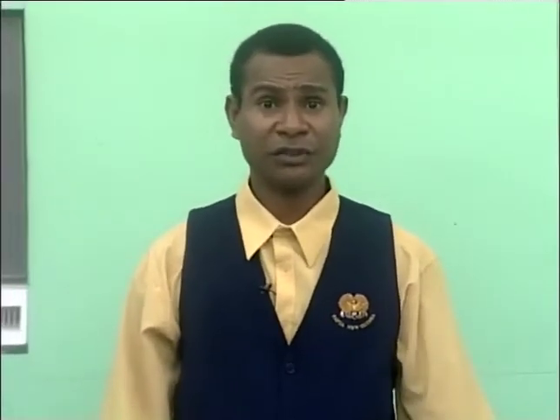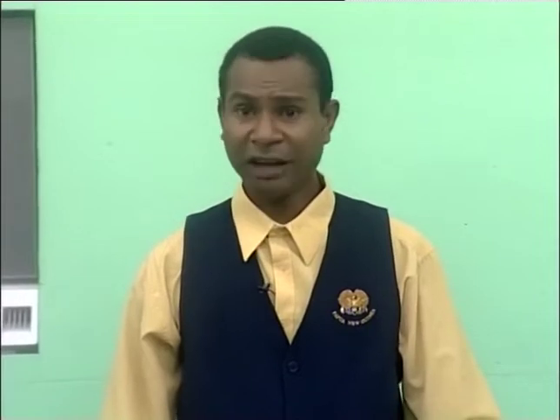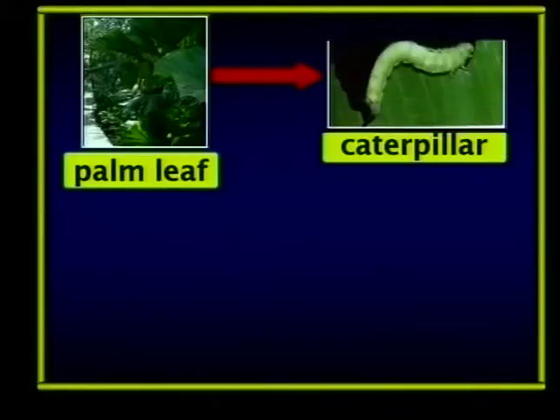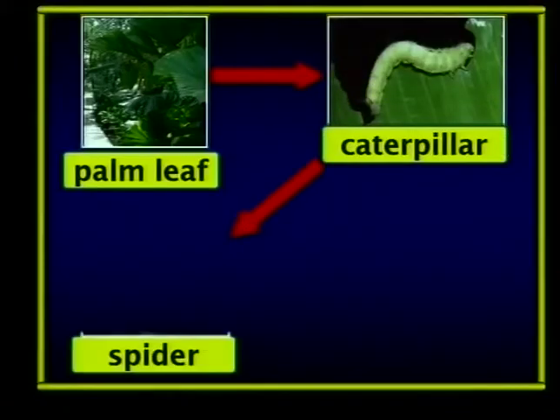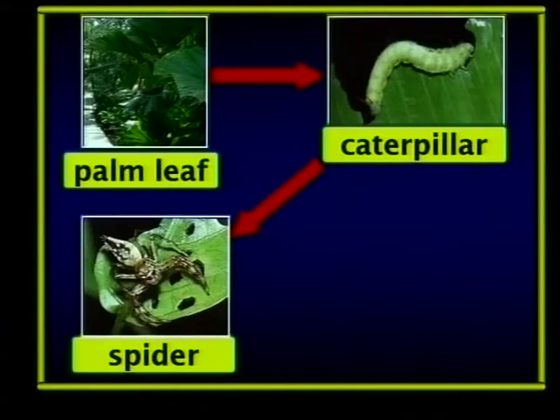So let's have a look at our producers and consumers. The picture that we looked at yesterday, we'll have a look at the picture of the food chain again. So we have the plant, which is a palm leaf, the caterpillar, and the spider.